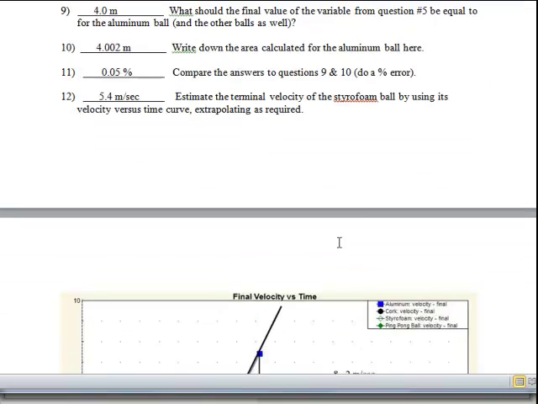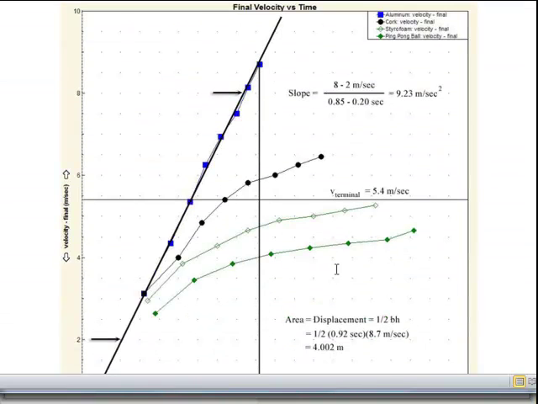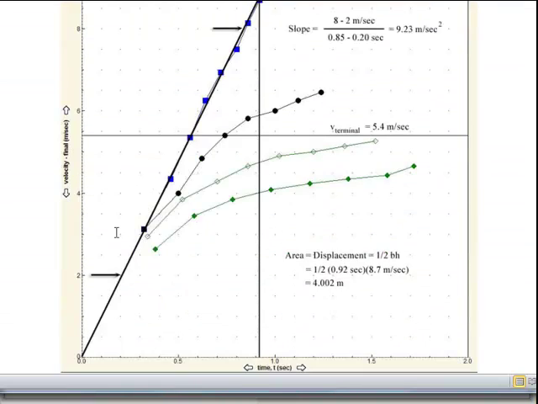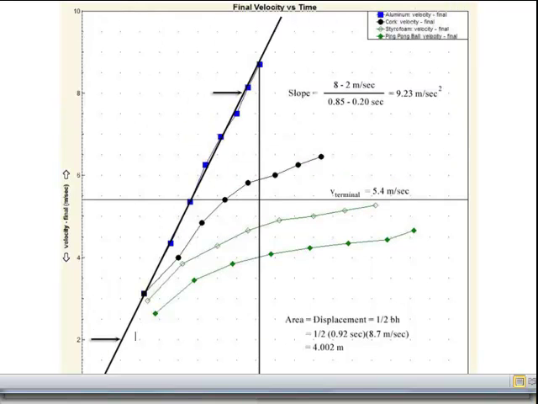When the students are done, they should have created a graph of final velocity versus time. As you can see, the heavy ball essentially falls with a slope near the acceleration of gravity, and the other balls, the ones that are less dense, will have a smaller terminal velocity.